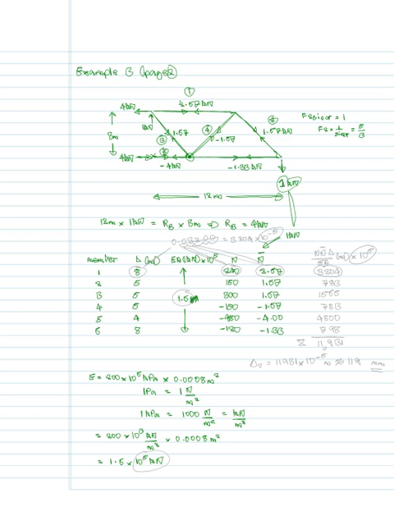So the next step now is to multiply n by n bar, multiply that by L, and divide that by EA. So we can again put that in units of meters and take out the 10 to the 5, as we have 10 to the 5 down there.